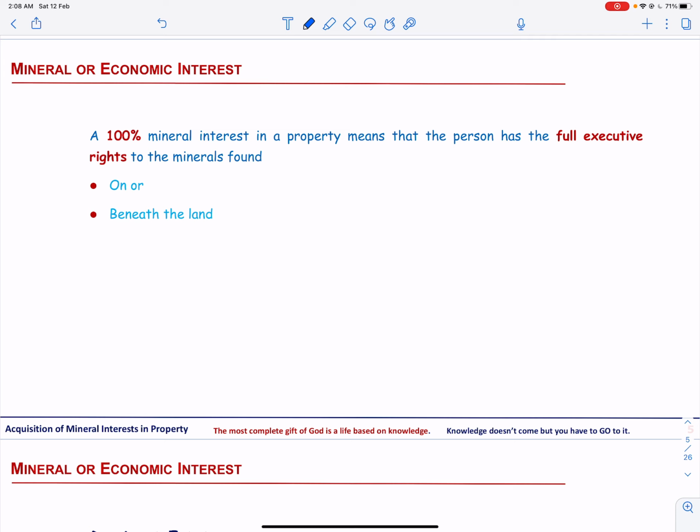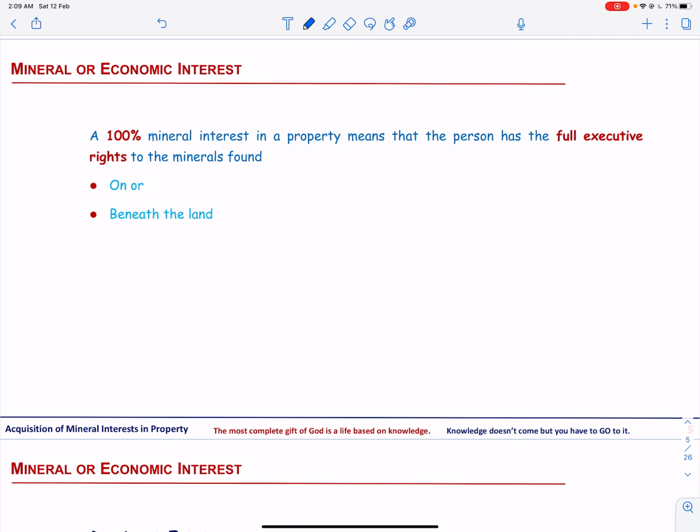They can explore the minerals, develop them, and arrange for mineral production. Or they can sever their rights below the surface to an oil exploring company and receive royalties, rental payments, and lease bonuses for the minerals found on the property.